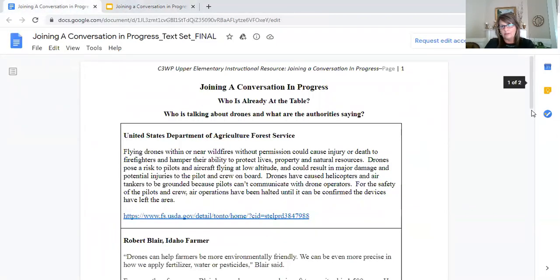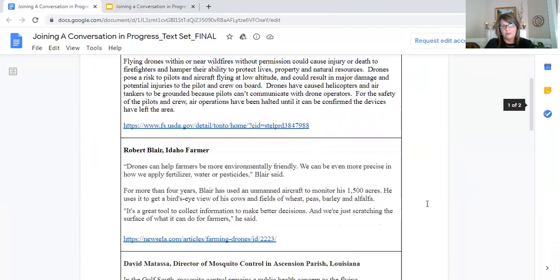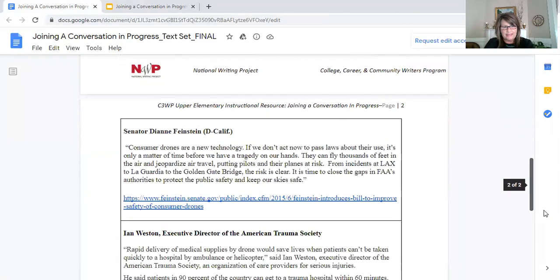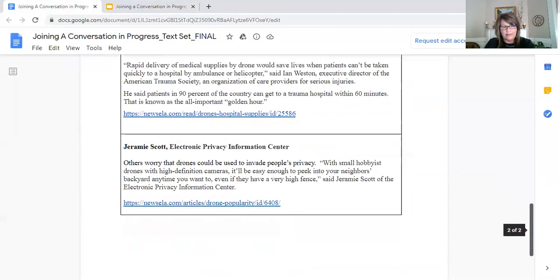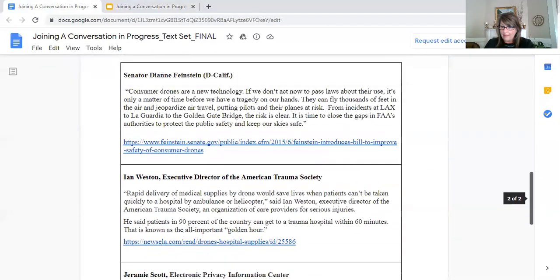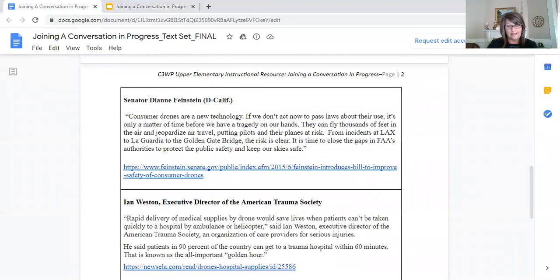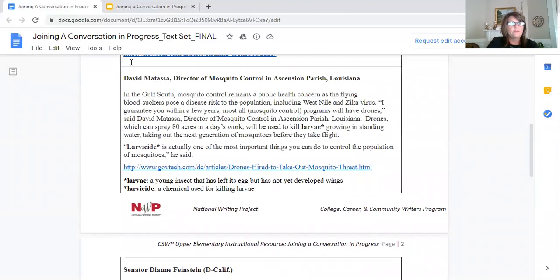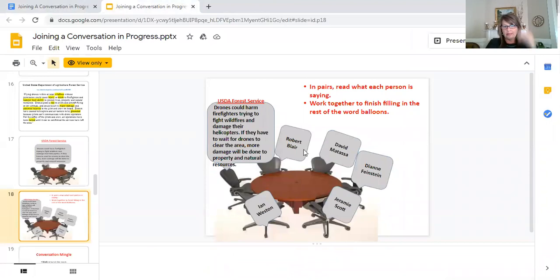Let's say I'm going to model how to summarize what Robert Blair said, or I might find one, if I'm teaching 4th grade, that has the most complex text, and I would read that aloud, model my thinking of how to summarize that, and then fill out that word balloon in front of the students before I release them to complete the summaries of the stances of the people at the table.